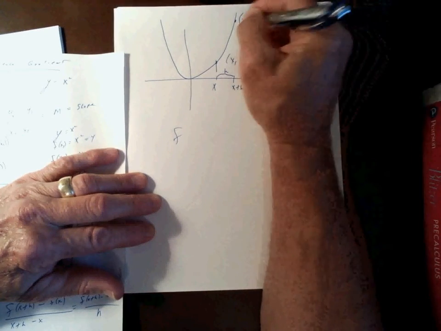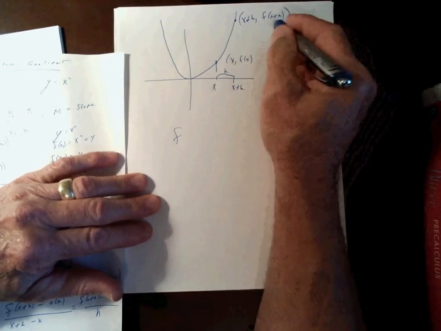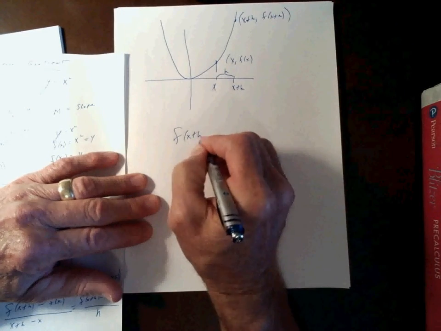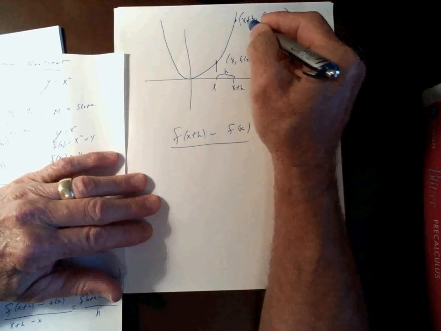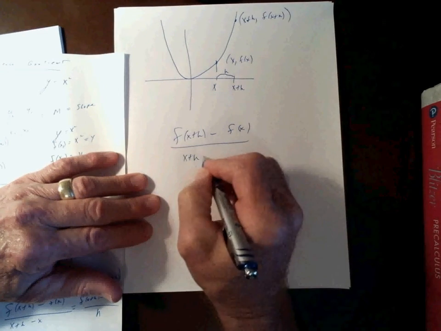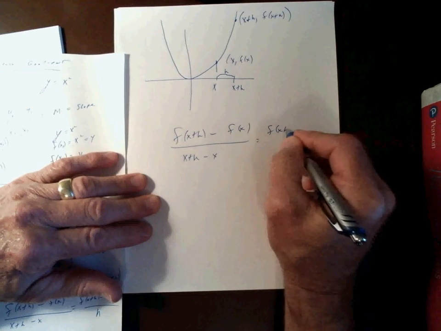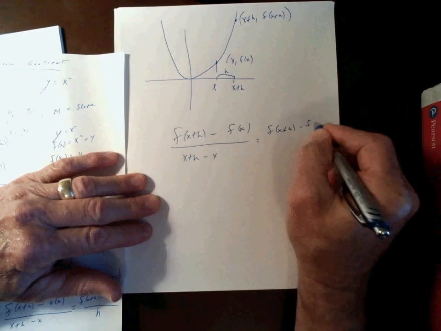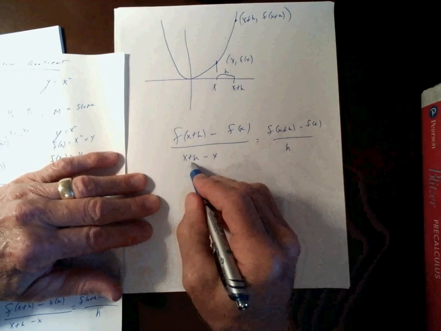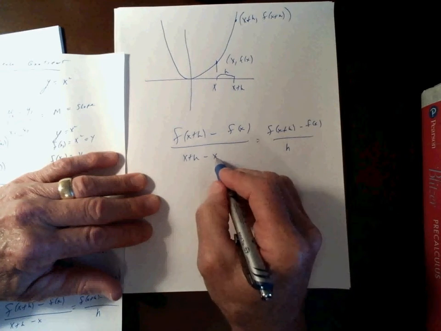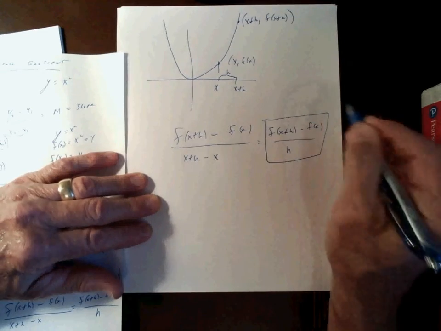That would be the 2 points. So the slope between these 2 points would be f of x plus h minus f of x all over x plus h minus x, giving me f at x plus h minus f of x all over h. X plus h minus x is going to give me h. And what we've done is we have derived the difference quotient.